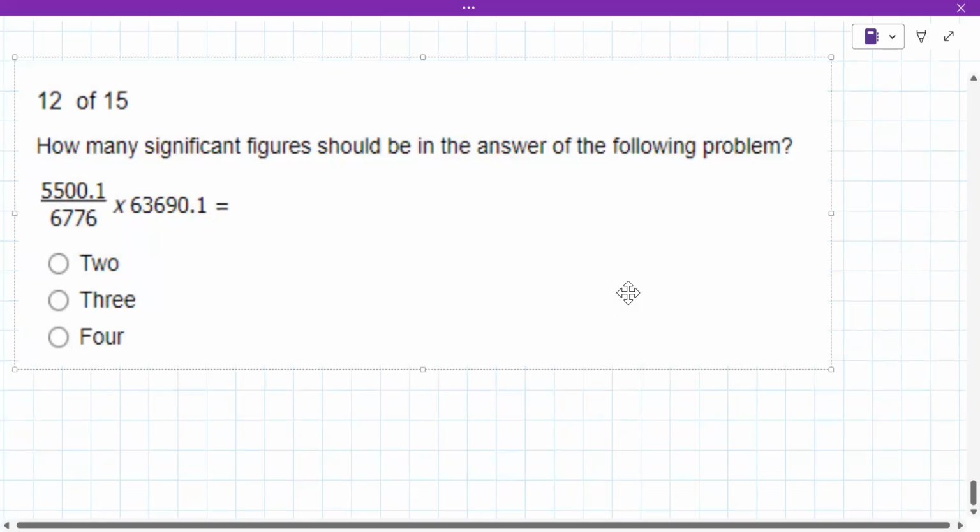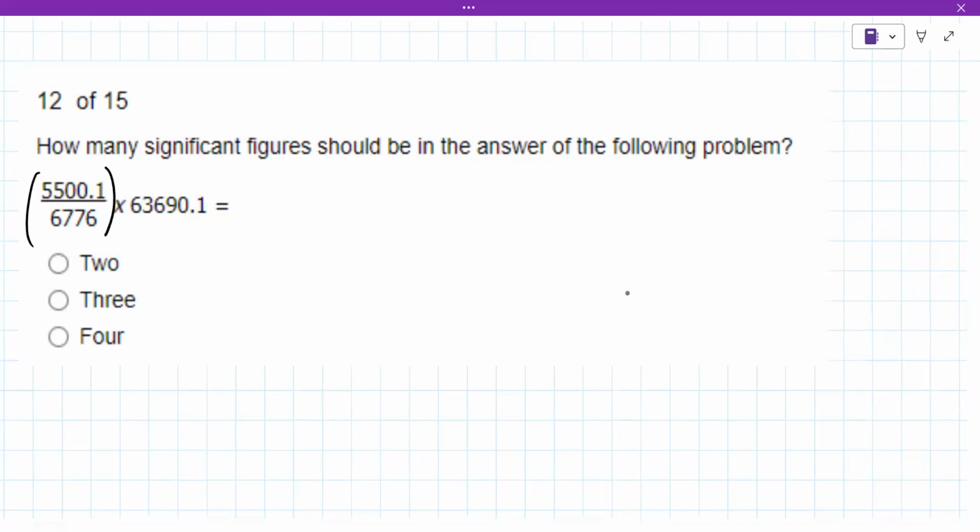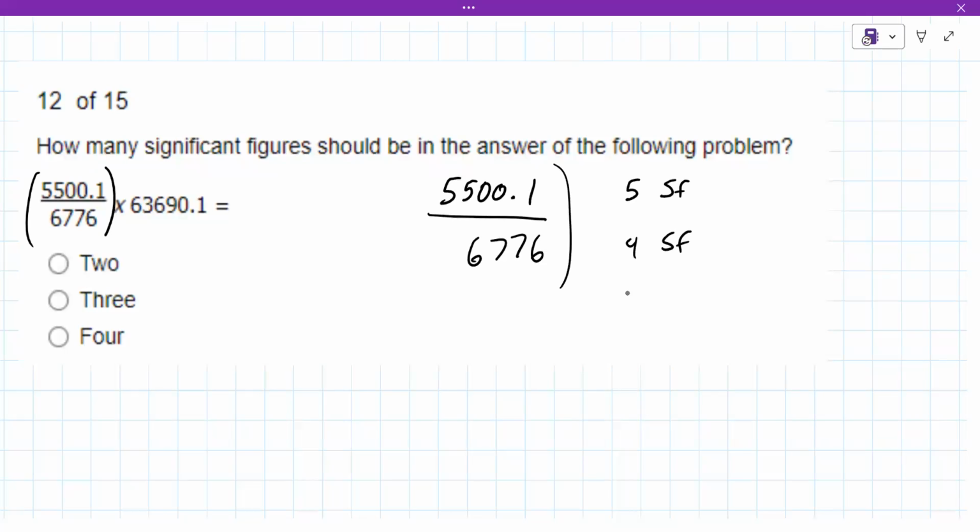How many significant figures should be in the answer of the following problem? So you start with this part right here on the top. 5500.1 has 5 significant figures. The 6776 has 4 significant figures. So when you do the division, that's going to have 4, whatever it is.